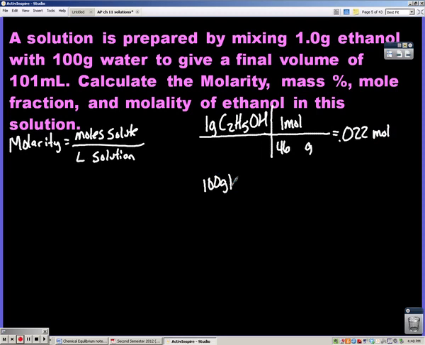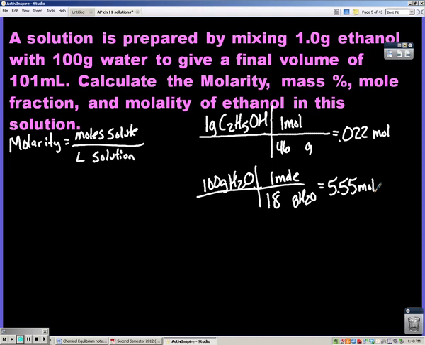I'm going to go ahead and convert my grams of water to moles as well, since I'm going to need that in a few minutes. And I have 5.55 moles of water. So for my molarity, I need moles of solute, which was 0.022, over my liters of solution.